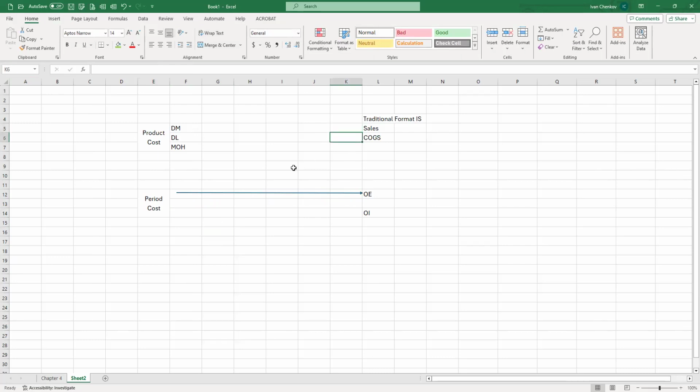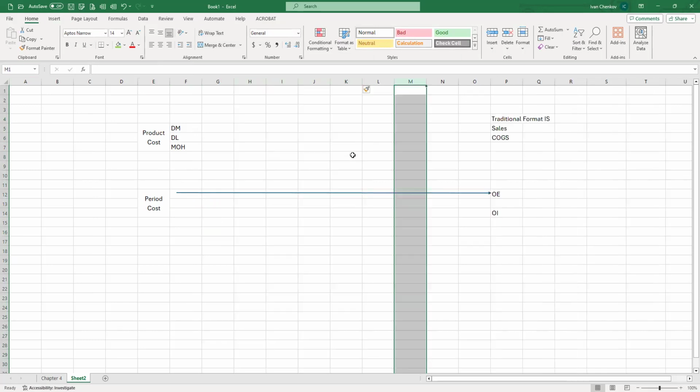But our cost of goods sold, that's a different story. Why is it a different story? Because in order to get the cost of goods sold, I'm going to insert some columns here. In order to get our cost of goods sold, we need to find where our finished goods are.